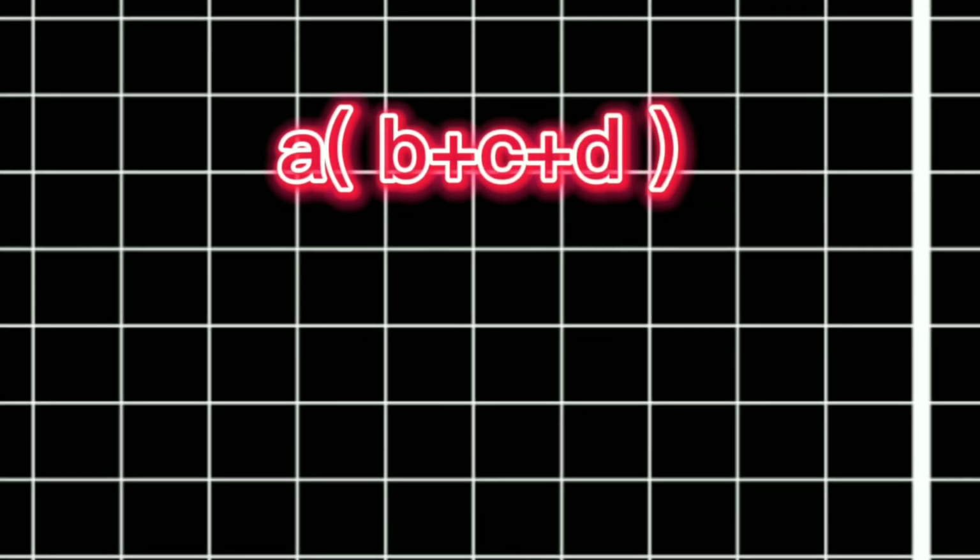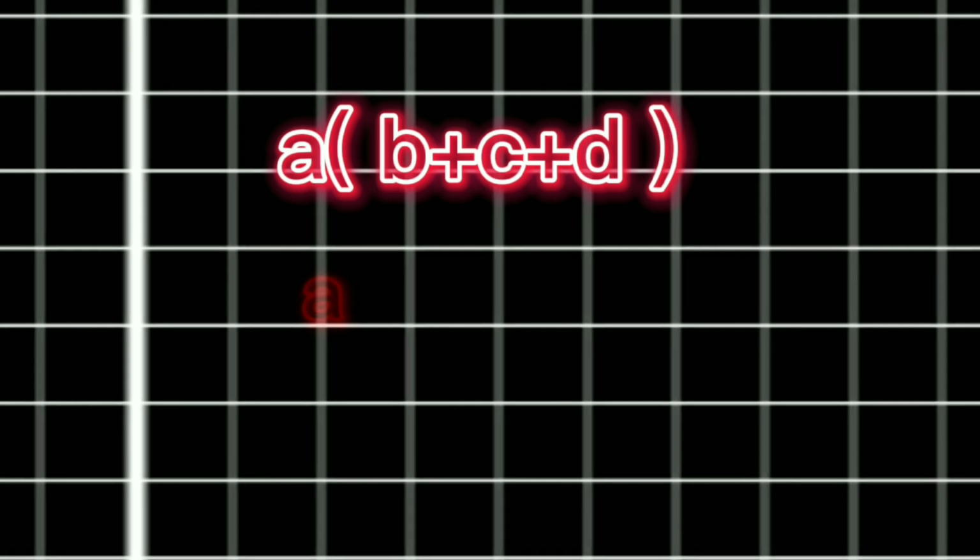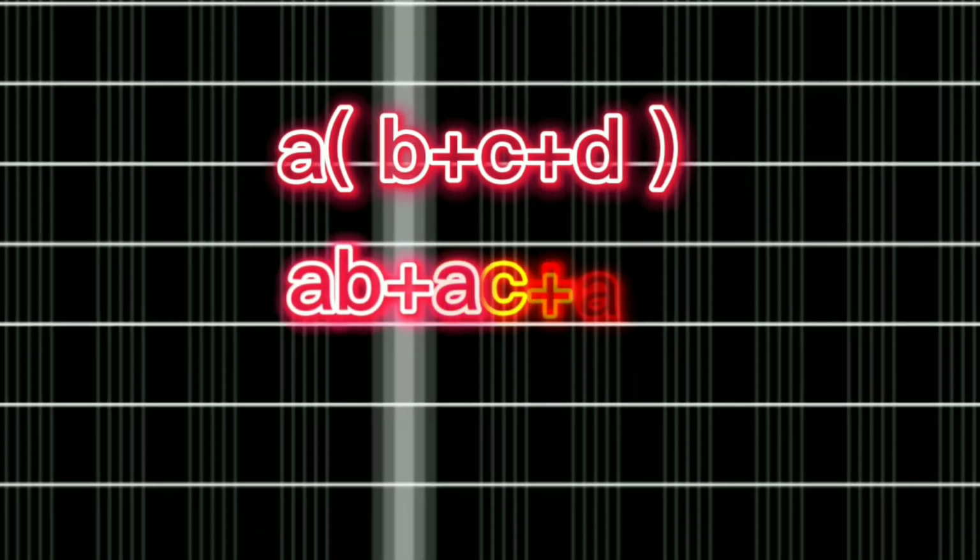We could have A times the group B plus C plus D, and the equivalent distributed form will be AB plus AC plus AD.